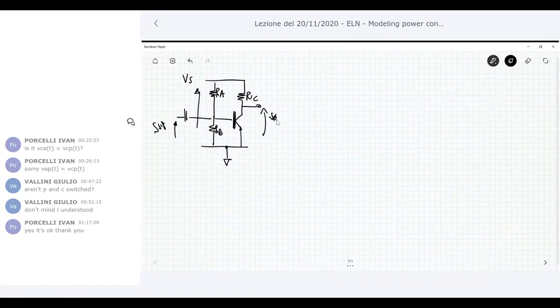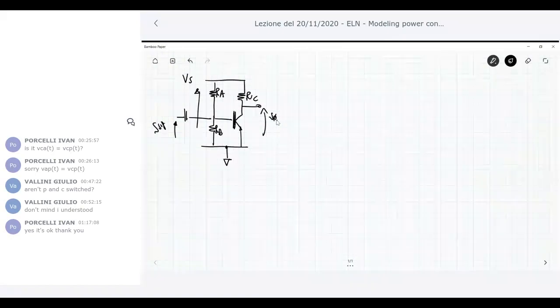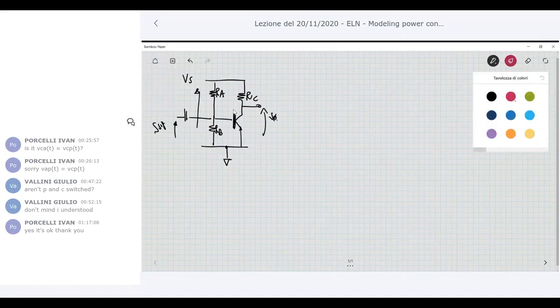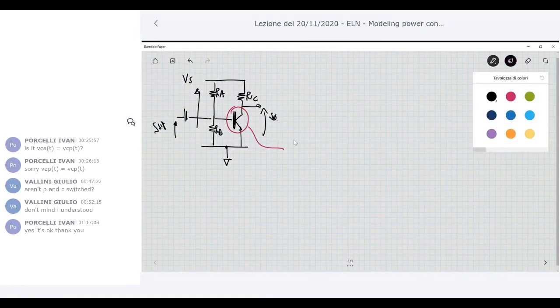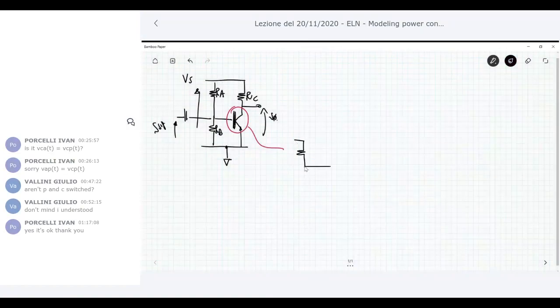What you can do, you linearize all the circuits, including the resistors, then capacitors, or you just extract your nonlinear element here and model it by, I don't know, a model like this one, at its base, emitter and collector port.